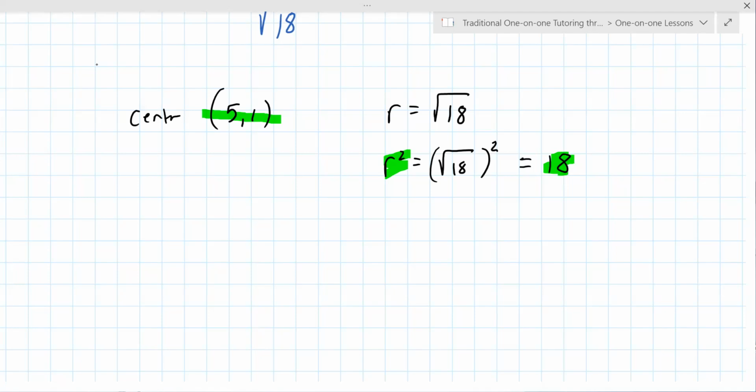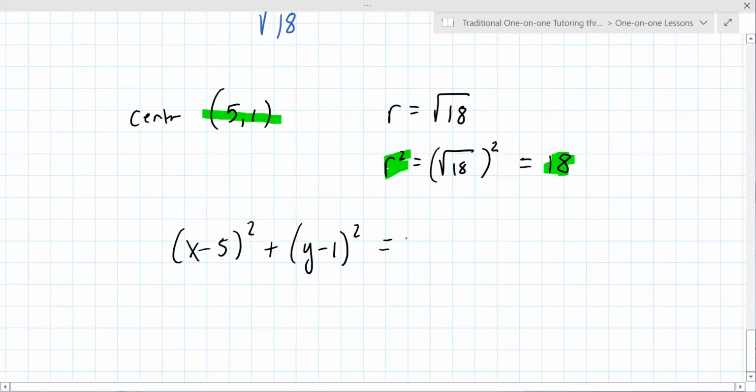So wait, what do I have to do again? I'm asking you to write the equation of the circle. (x minus 5) squared plus (y minus 1) squared equals 18.